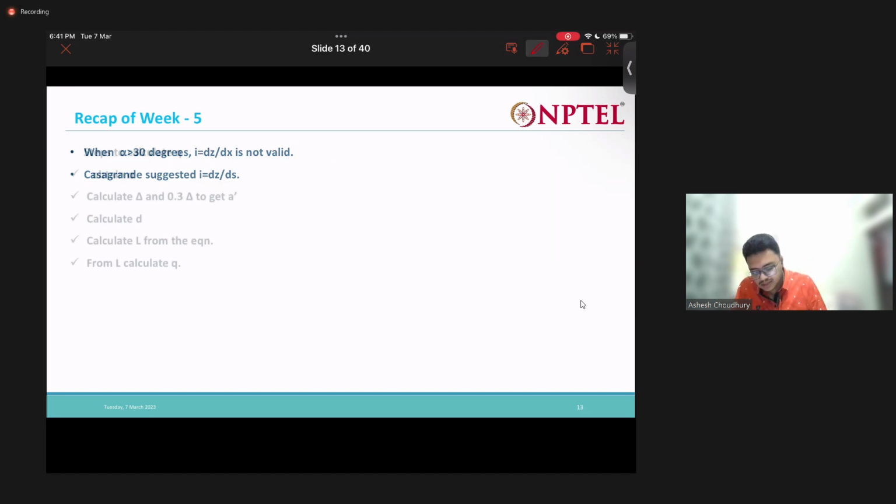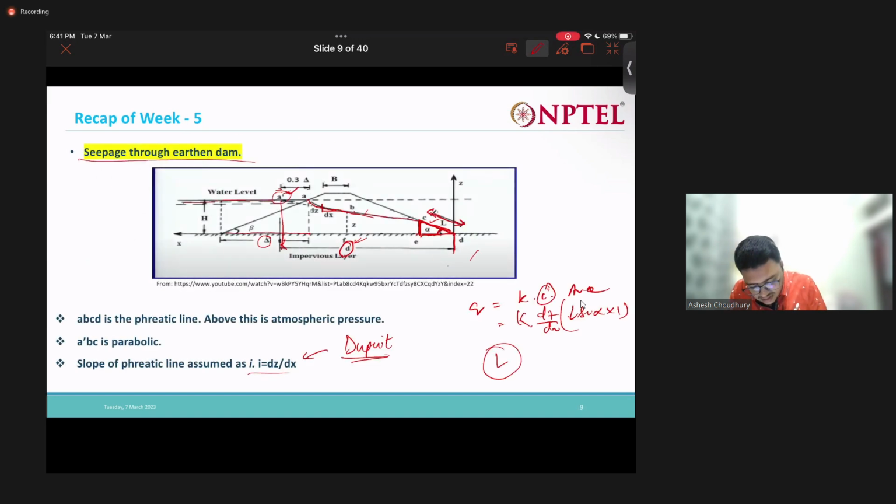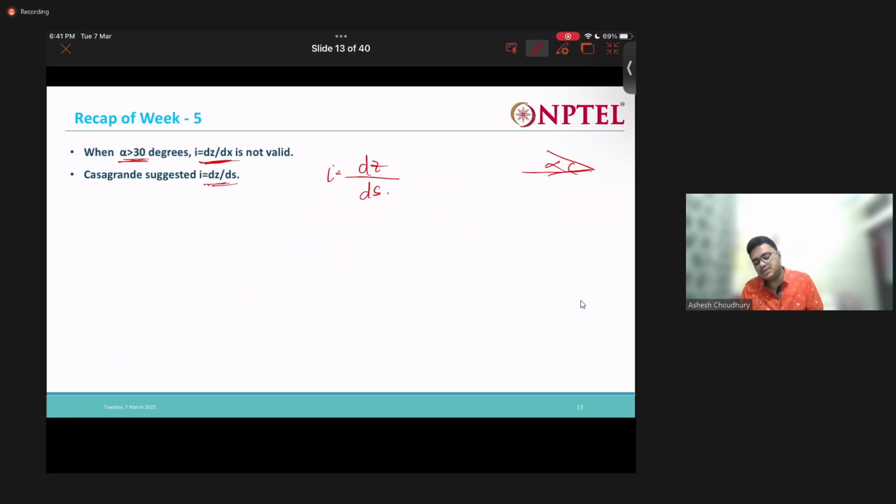So what is my ds? My ds is nothing but the length of that curve. So if I draw it again, this is my dx, this is my dz. So he said that it's better to take my hydraulic gradient as I equal to dz by dx.